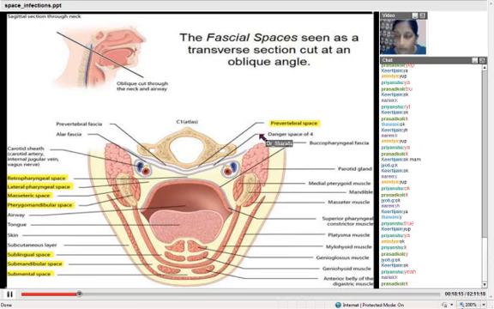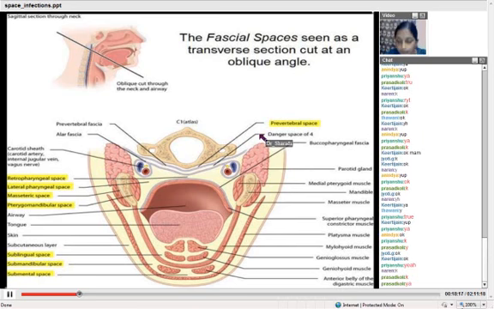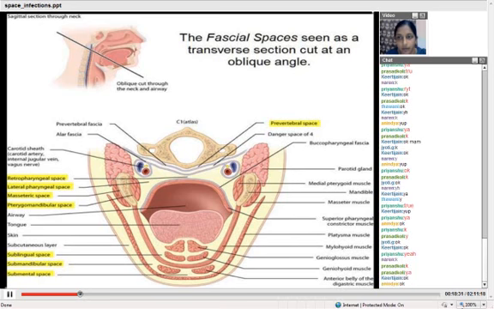Okay, that is one example. Now we move on to the next slide, where we are going to go through the fascia one by one. Fine? Okay.